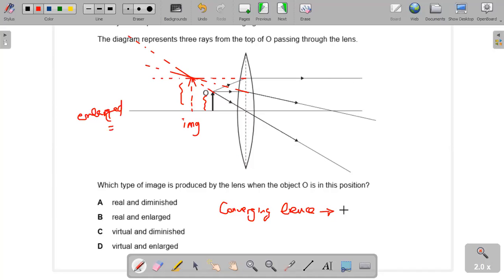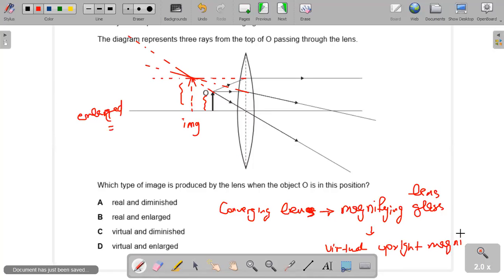The only case when it's a magnifying glass or magnifying lens, it gives a virtual image. This is the only case of virtual image: virtual, upright, magnified, or enlarged. Virtual, upright.